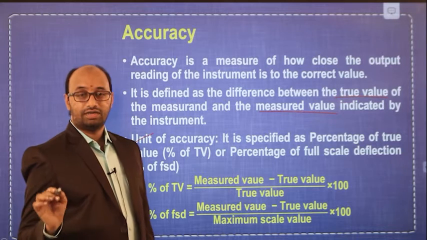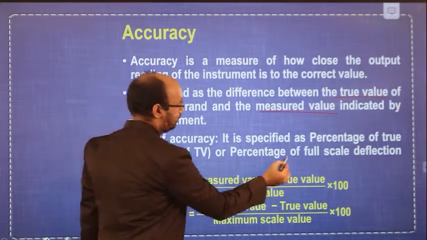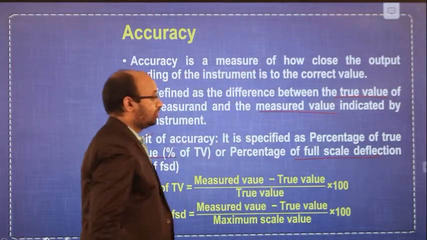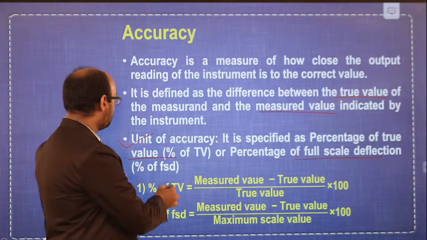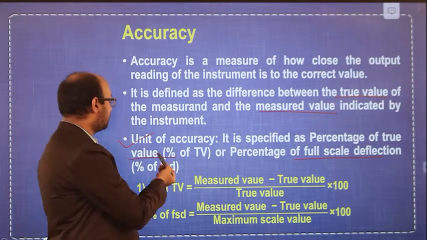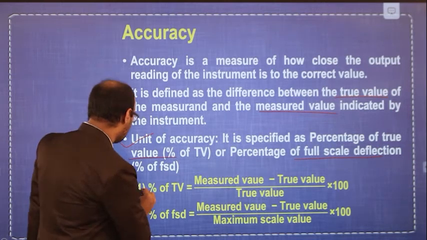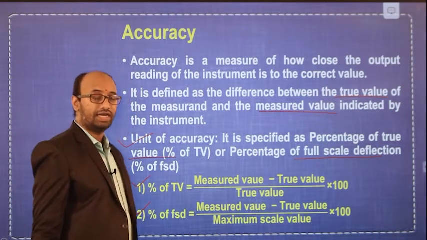Accuracy is specified in terms of percentage of true value and percentage of full scale deflection. On any measuring instrument, accuracy is specified in terms of either percentage of full scale deflection or percentage of true value.